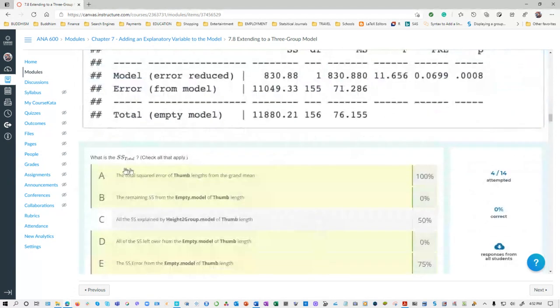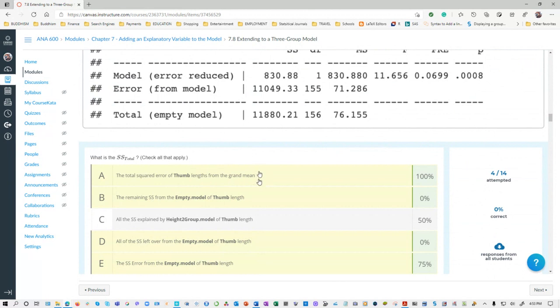The SS total is the total squared error of thumb length from the grand mean. We know that the remaining SS from the empty model, you can either say this is the remaining sum of squared residual, or the leftover sum of squared residual from the empty model, or the total squared error of the thumb length from the grand mean.